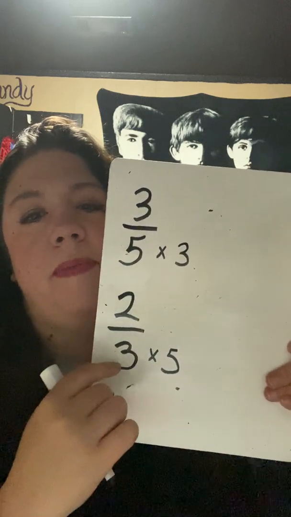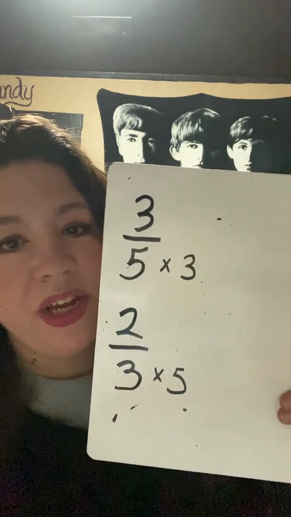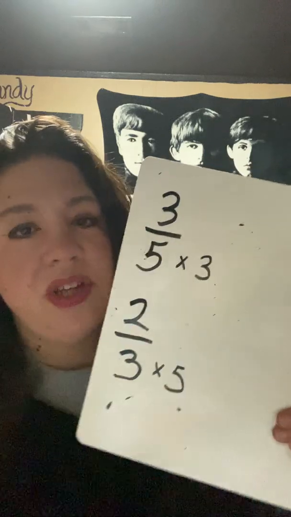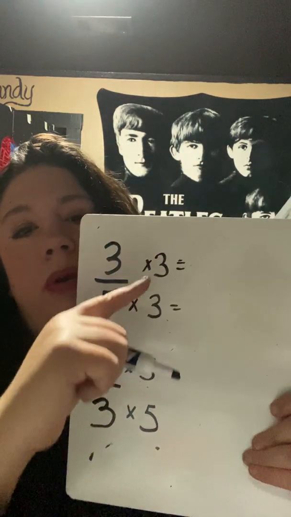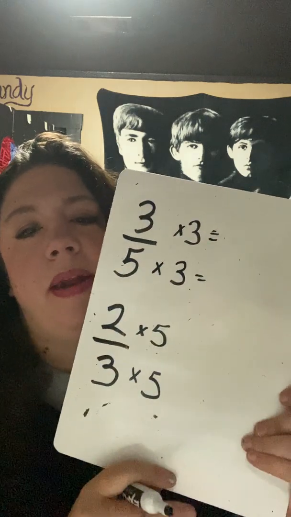I take that bottom number and I switch it. But remember, to make an equivalent fraction, you have to do the same to the top and the bottom. So I have to do 3 on the top and 3 on the bottom, and I have to do 5 on the top and 5 on the bottom.